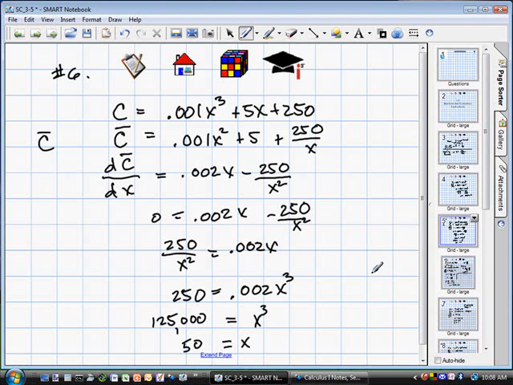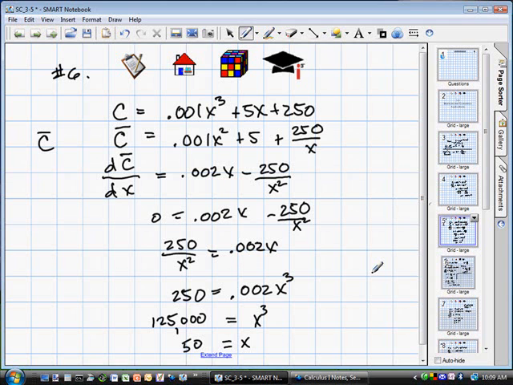Then you set the derivative equal to 0 and solve. I found that the minimal average cost occurs when I have 50 units. Yes? What is dC bar? Well, do you get what C bar is, first of all?